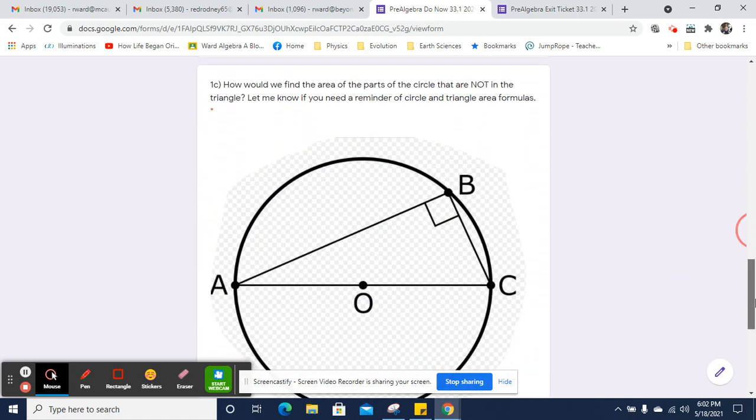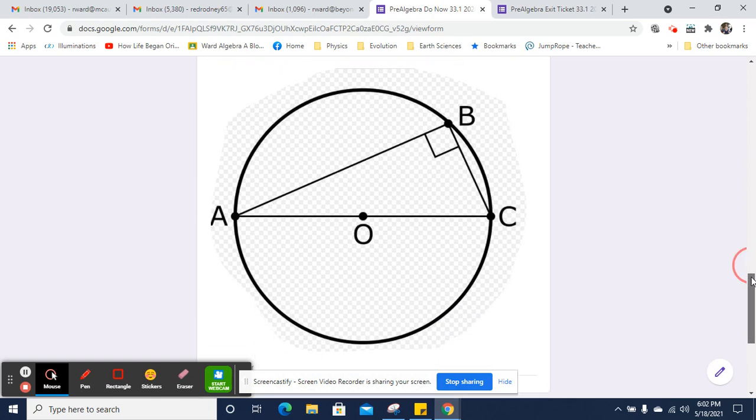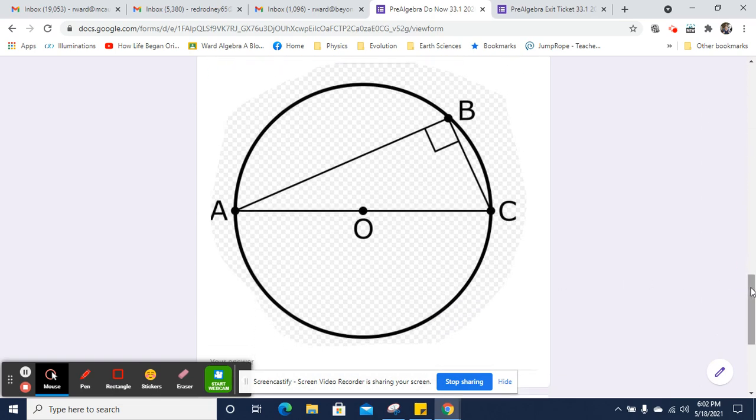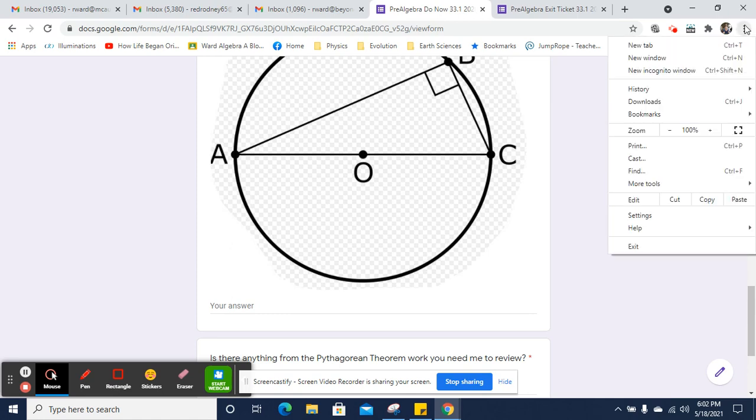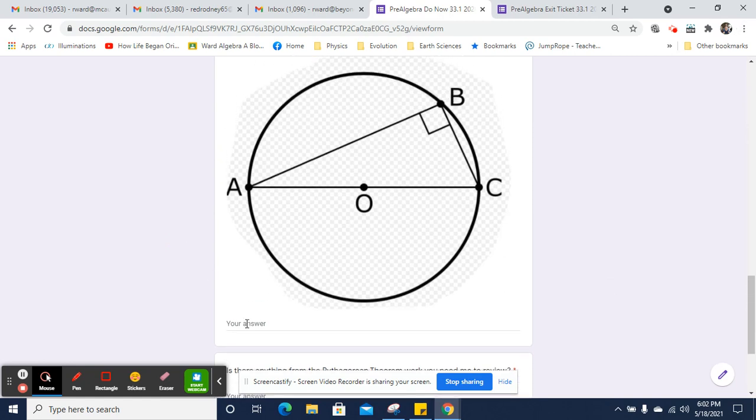Now how would we find the area of the parts of the circle that are not in the triangle? Here's what we need to do. We need to use circle area and then subtract triangle area.